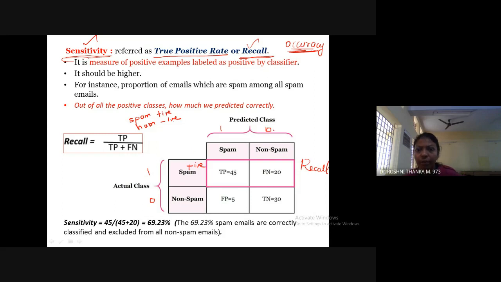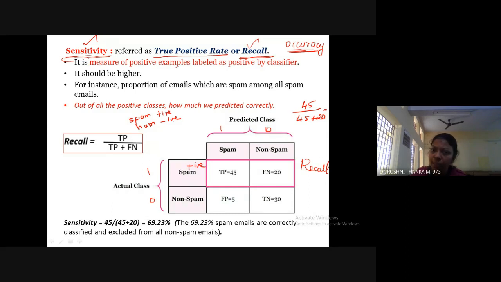So how do we calculate? 45 divided by 45 plus 20. The result is 69.23%. That is the recall, or sensitivity.